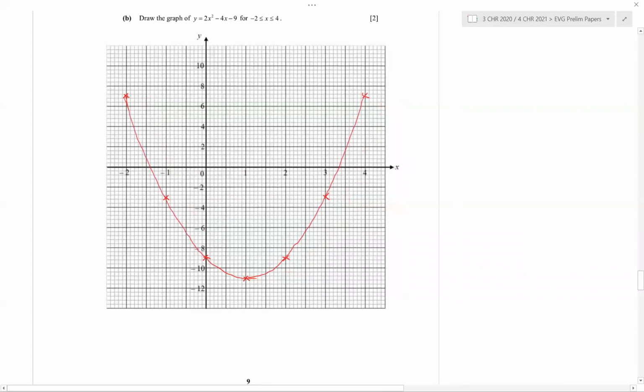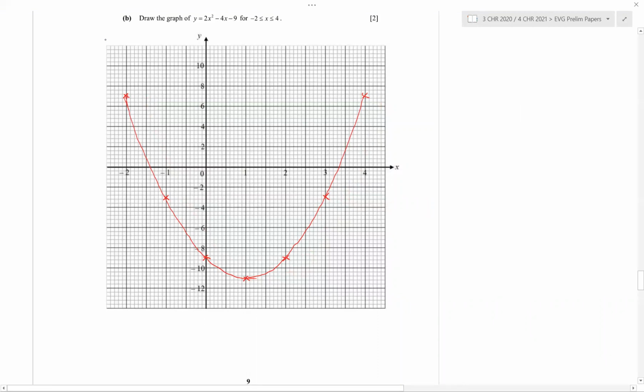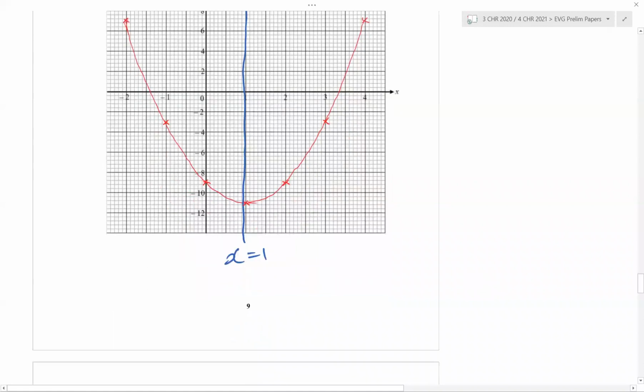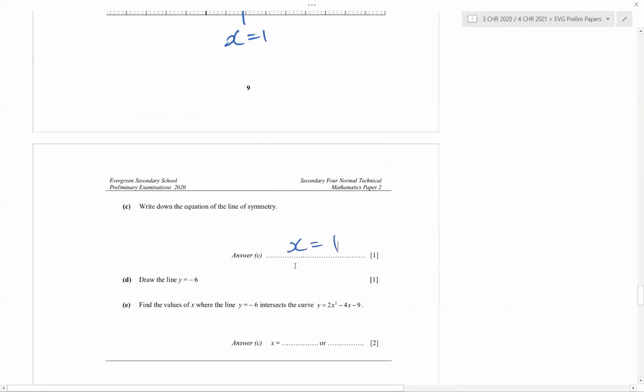Okay, line of symmetry. Vertical line. x equals 1. That's our line of symmetry. Have to write x equals. Draw the line y equals -6.